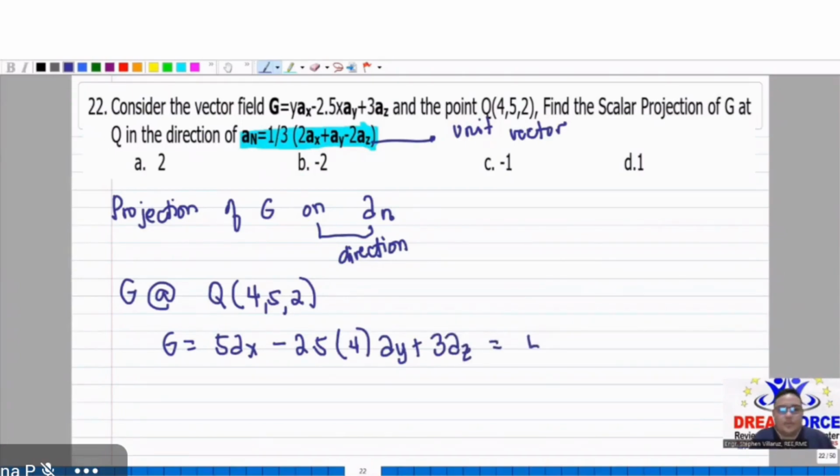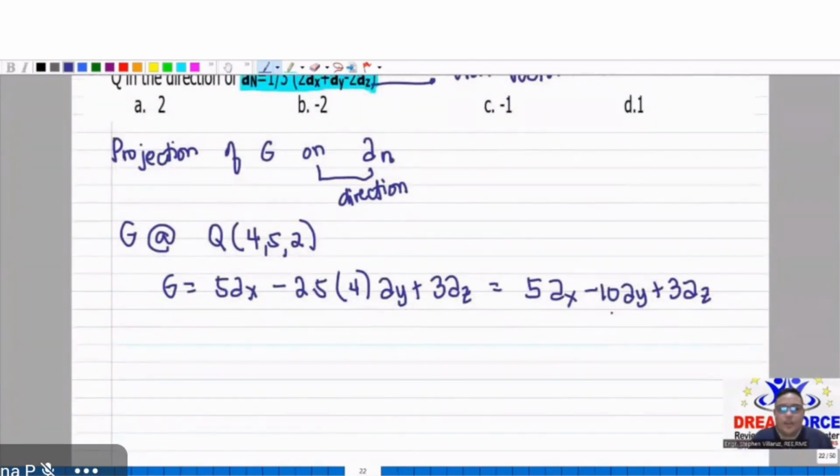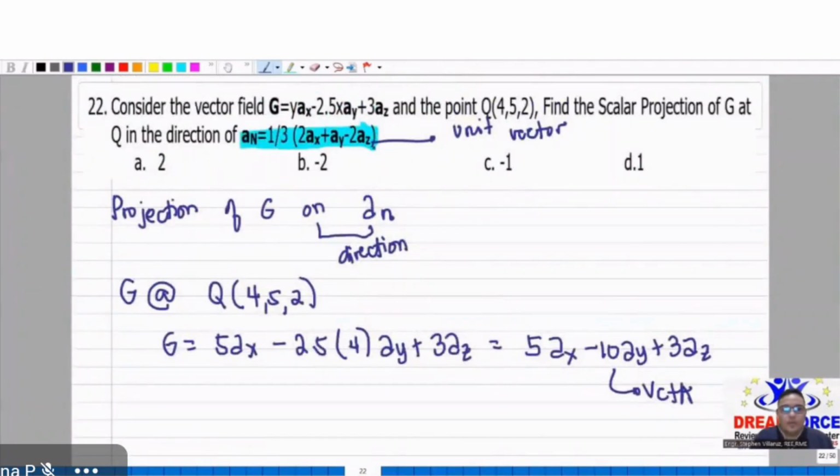Therefore, this is 5Ax minus 10Ay plus 3Az. Gawin na lang natin dito, store na lang natin to sa VctA. Then, yung ating direction or yung unit vector na I, store natin sa VctB.